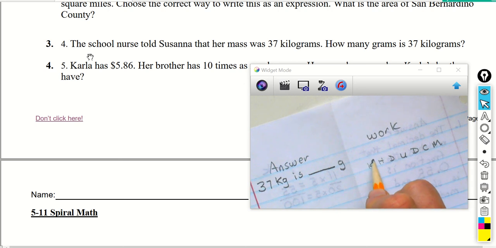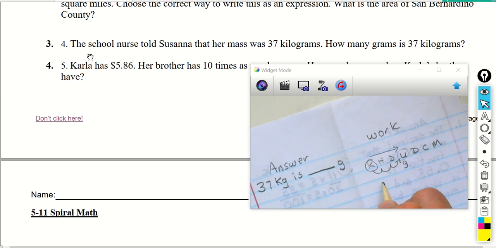I'm starting with K, kilograms, right over here at the very far end, the largest unit. G is grams, and that's a unit of measurement. There's no kilo or deci or centi or milli on it, so it's just plain old G for grams, the unit of measurement. I'm going to be moving to the right from kilograms to grams. So I'm going to make 1, 2, 3 jumps.